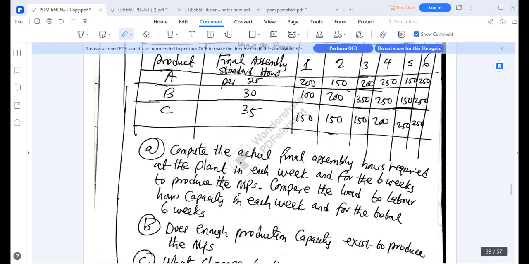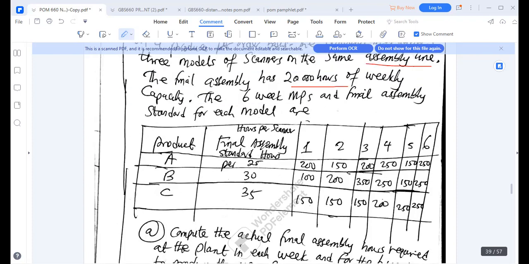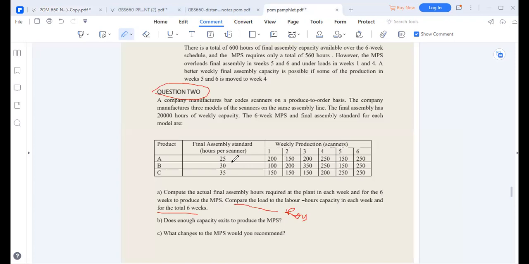What is going to happen is the final assembly standard hours per scanner. For scanner A, we have 25 hours per scanner. For B, we have 30 hours to produce a scanner. Then for C, we have 35 hours to produce a scanner.